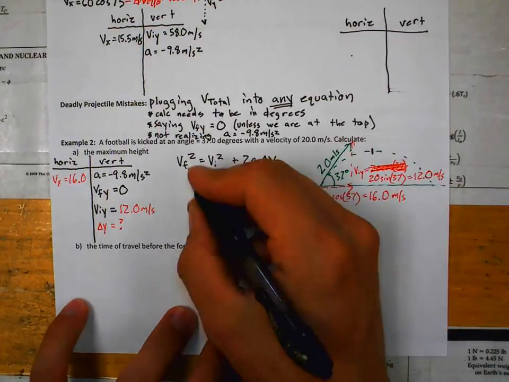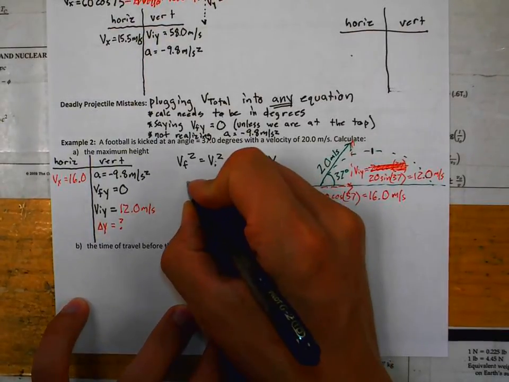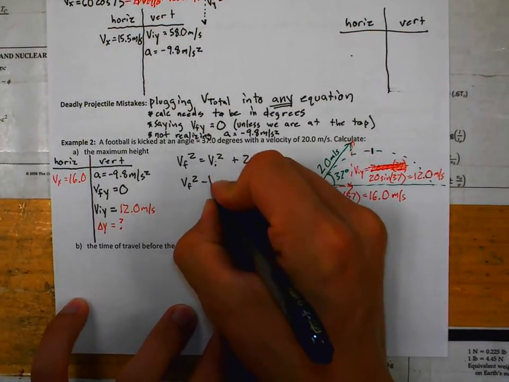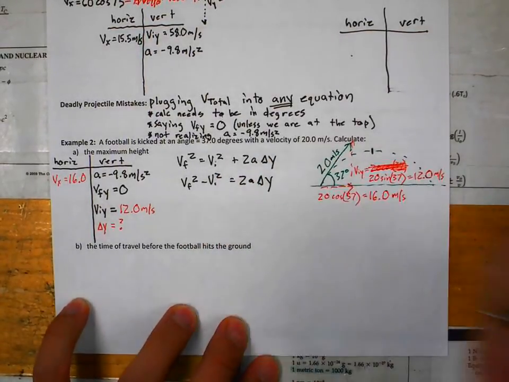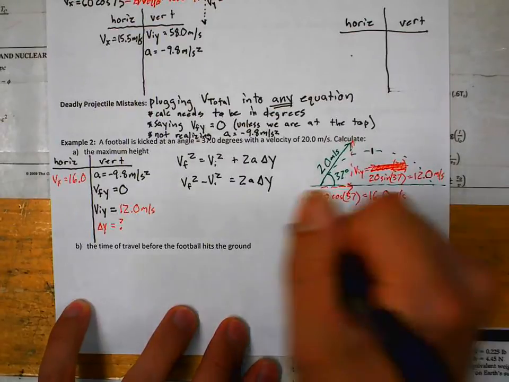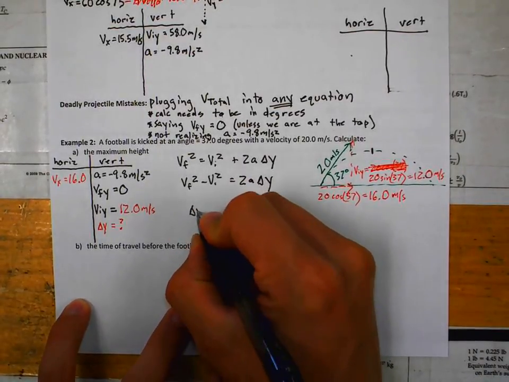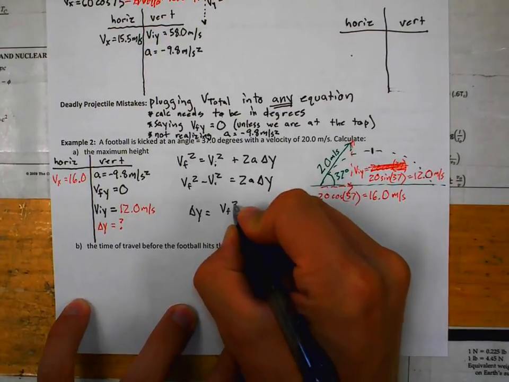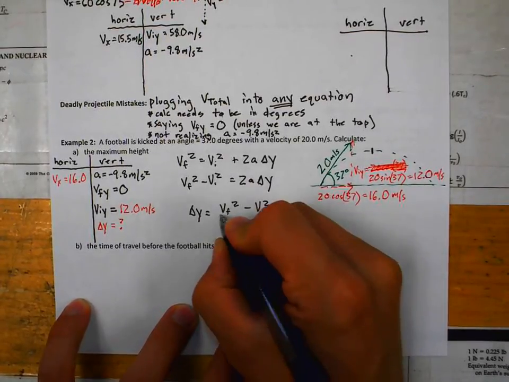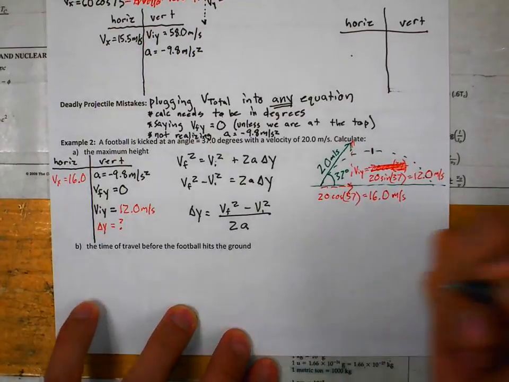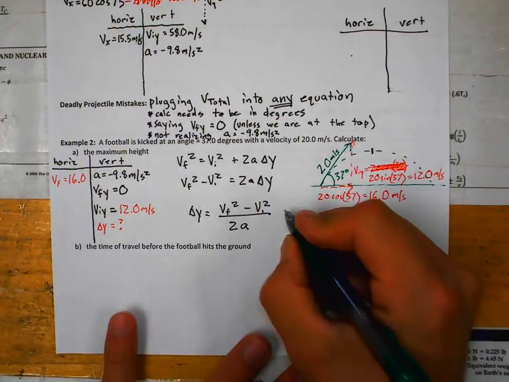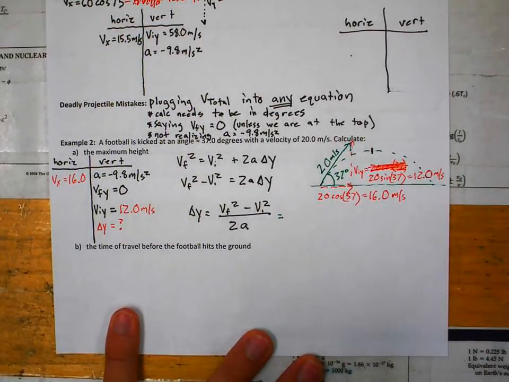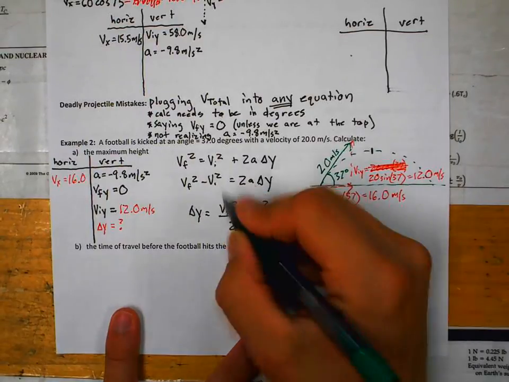Okay, let's rearrange it. I'm going to have Vf squared minus Vi squared equals 2a delta y. And now I just simply have to divide by 2a. Now plugging in some numbers. My V final is 0.